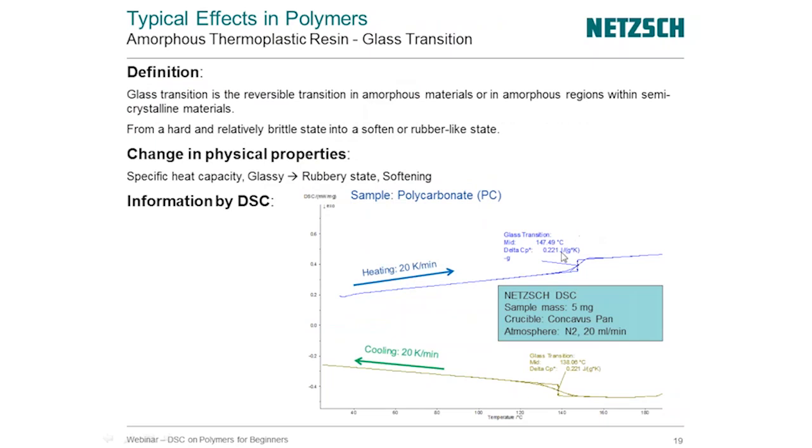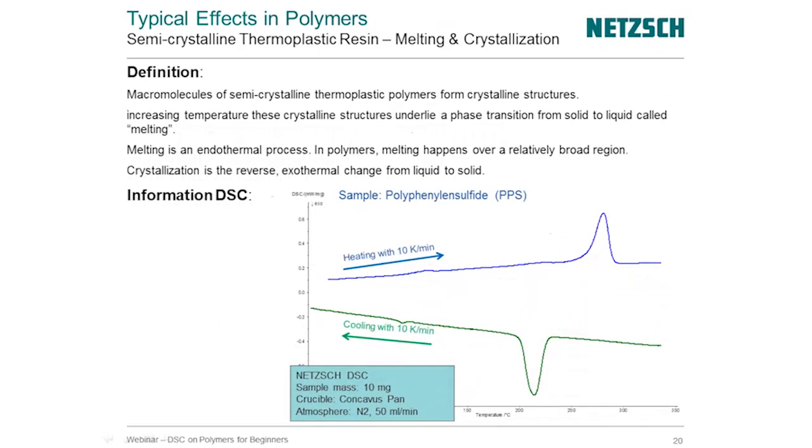We see here the midpoint of the glass transition at about 147.5 degrees C. And there's also a change in heat capacity of about 0.2 joules per degree Kelvin. That's your shift in the heat capacity.